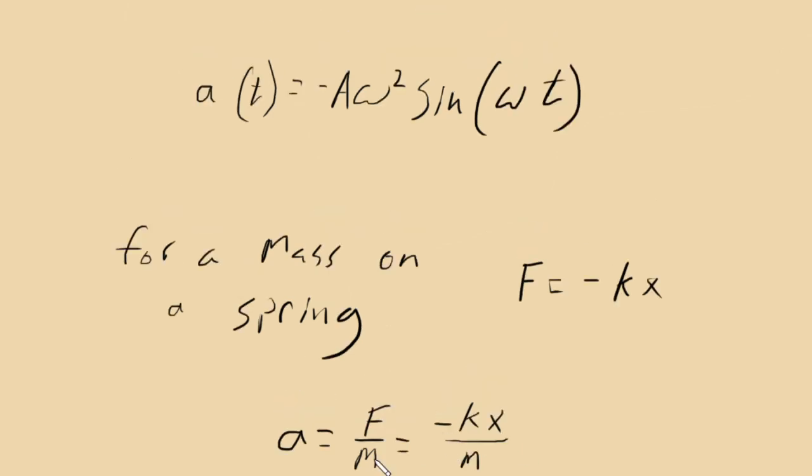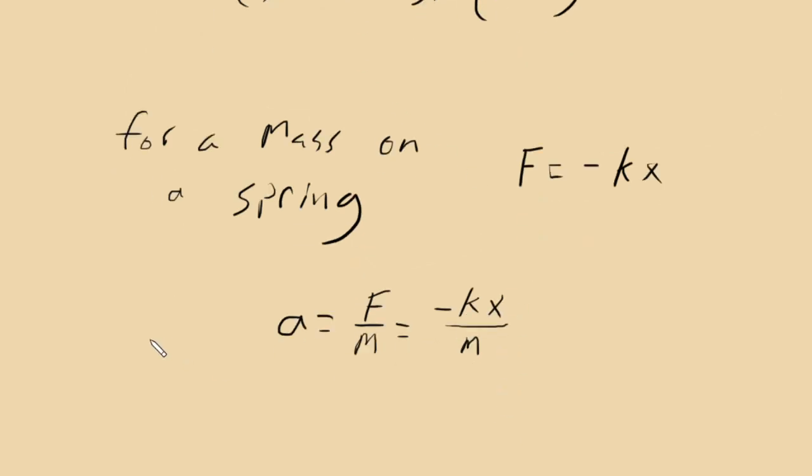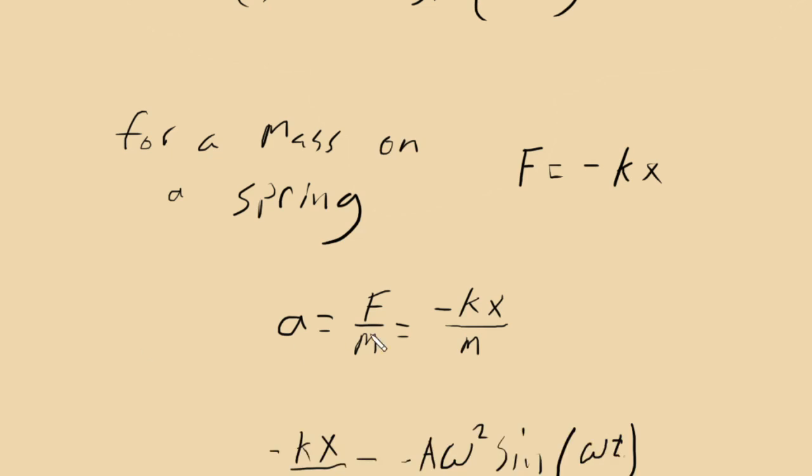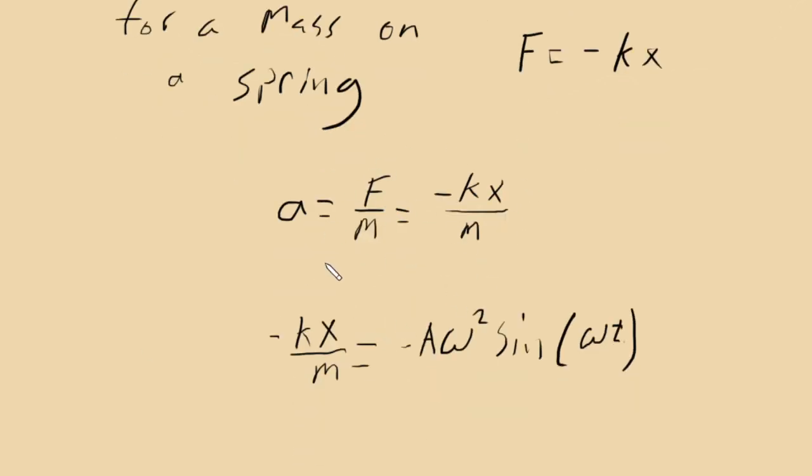Well, this acceleration has got to be equal to this acceleration, right? At some point when our amplitude and x are the same, they're going to have the same value. So we could set those two equations equal to each other, where we have the acceleration that we found from solving from the force of a spring. The restoring force of a spring is equal to the negative kx over m.